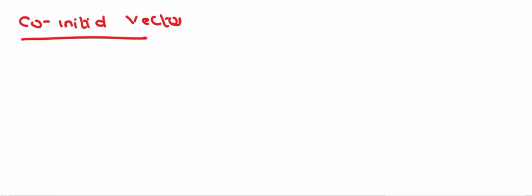Now, what are co-initial vectors? Co-initial vectors are those vectors which have a common starting point, so that vector would be considered as co-initial vectors.